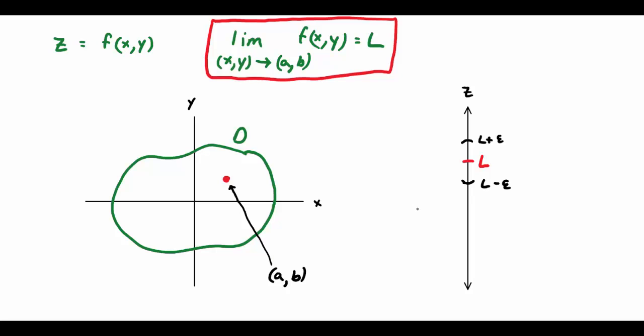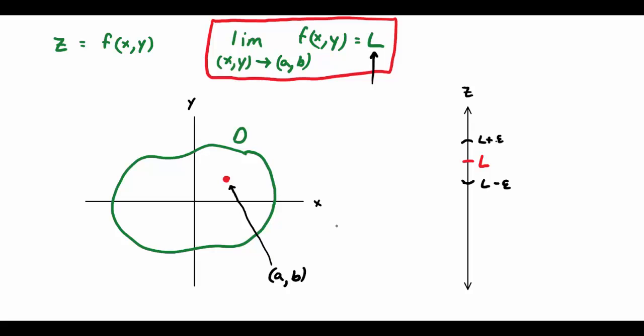Then in the more formal definition of limit, we're going to say this. For any epsilon bigger than 0, we should be able to come up with a delta bigger than 0, so that if (x, y) is within delta of (a, b), f of (x, y) will be within epsilon of L. f of (x, y) will be in this interval, if this limit is to exist, that is.